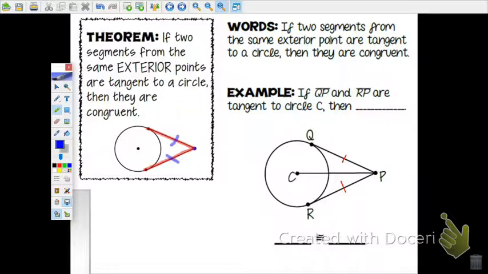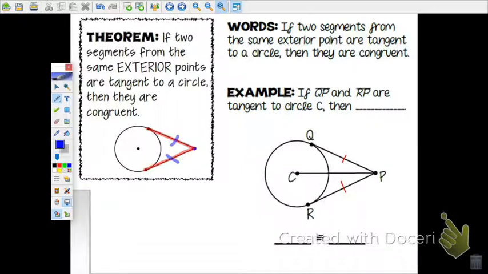So those two pieces have the same length. So again, when you open that up, they talk about that theorem again. If two segments from the same exterior points are tangent to a circle, then they are congruent. So they're just repeating that theorem.